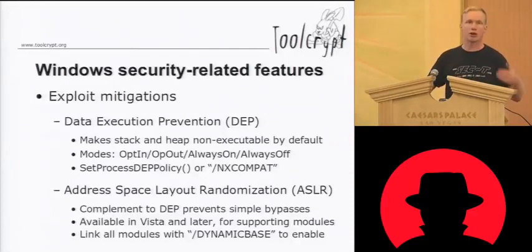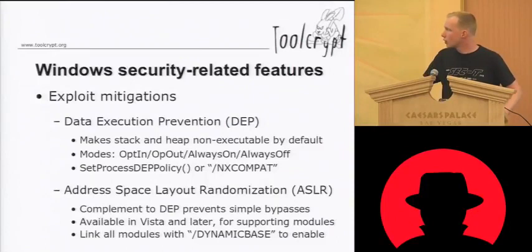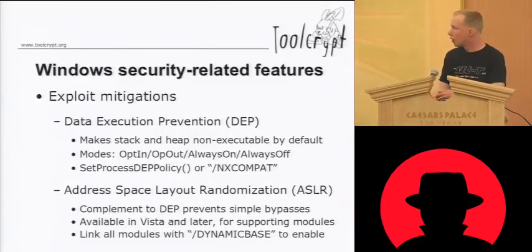So you can't call it again to turn it off, for example, as a step in an attack. You also need to be aware of the NXCOMPAT linker option, which you should be using to make sure that the modules that you produce indicate that they are DEP compatible.